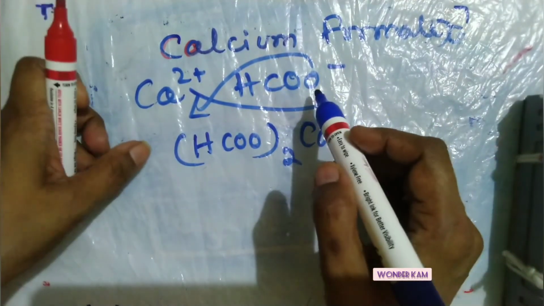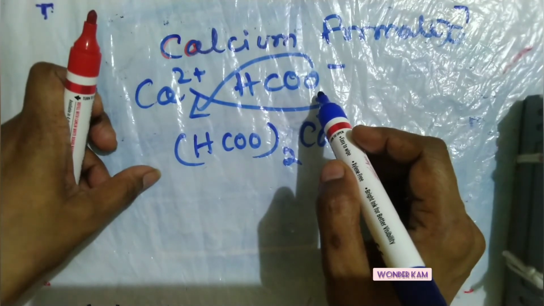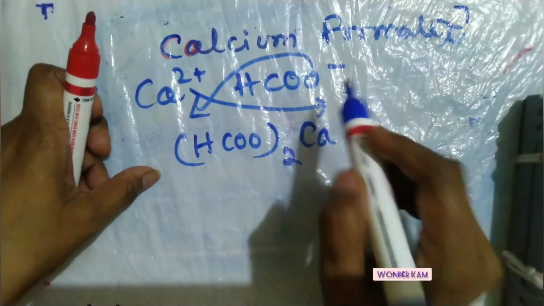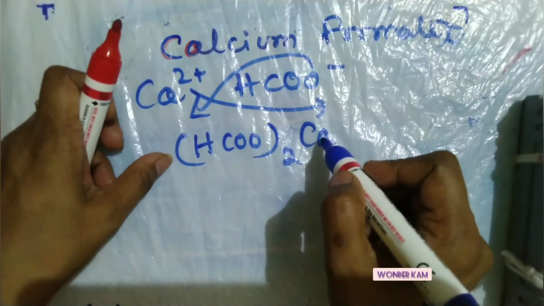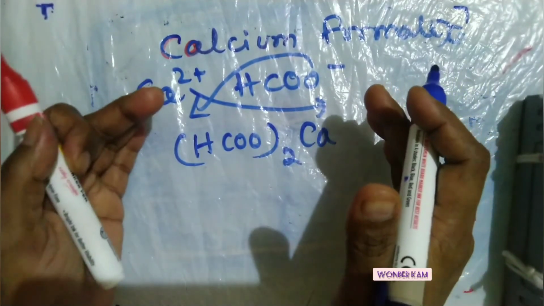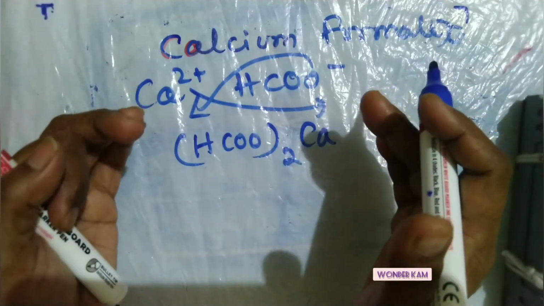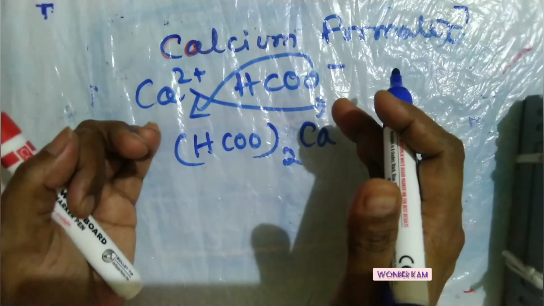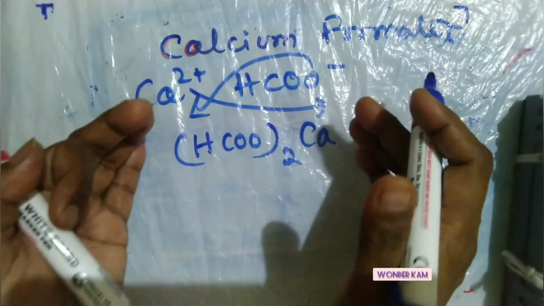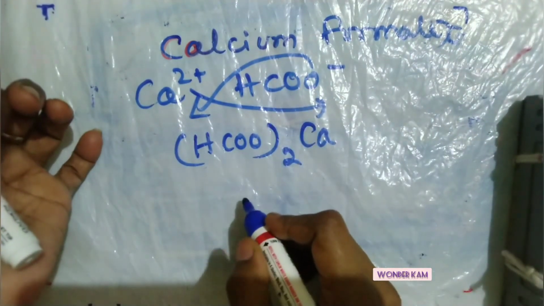Formate comes from formic acid, which is also an organic acid. So, as per the structural notation, they give much more importance to structural things, and it can be written like this.